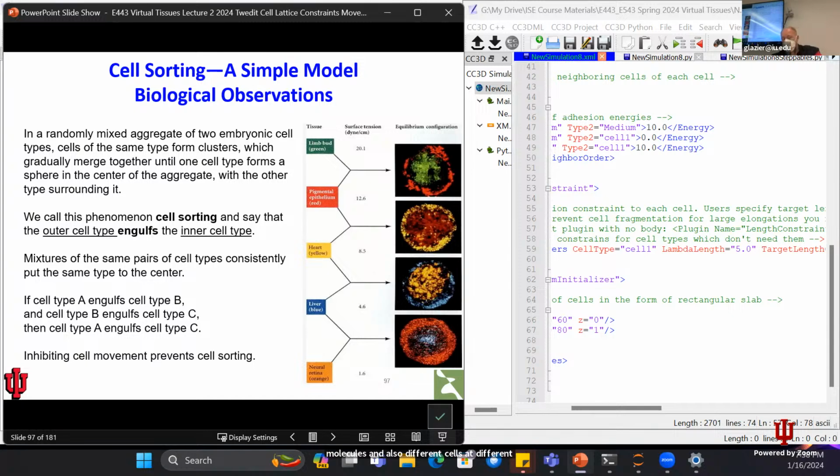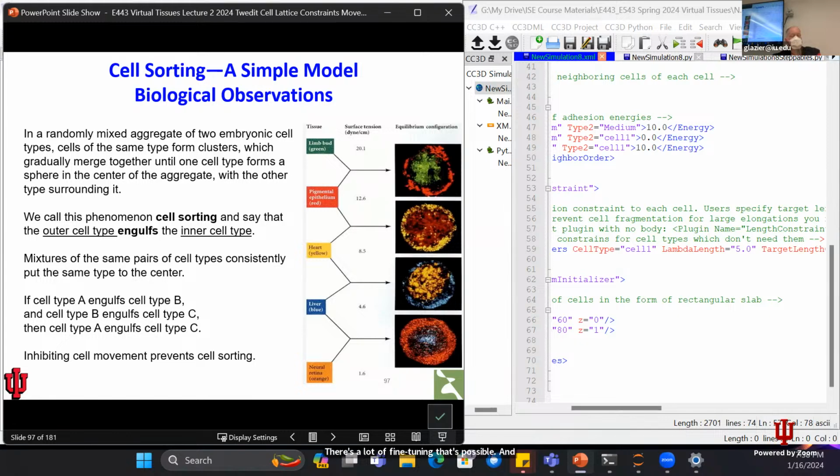And so that means that the adhesion energy, the per contact energy between two cells, can be controlled very finely. You could have two cells of the same type stick to each other more than two cells of different type, or a cell likes to stick to a cell of a different type and not to another cell of its own type. And there's a lot of fine tuning that's possible.